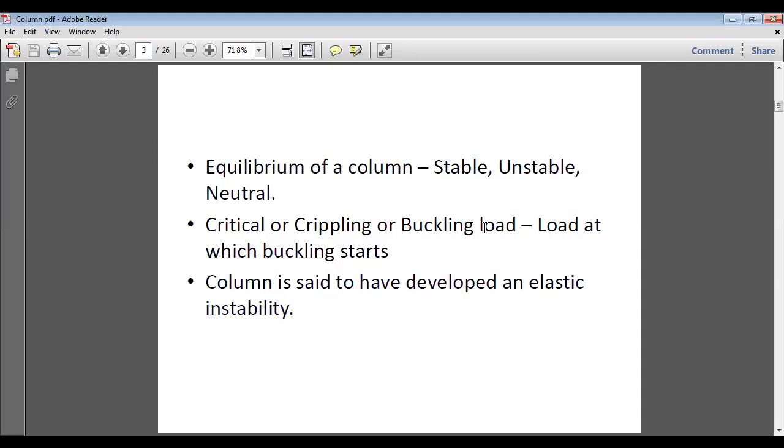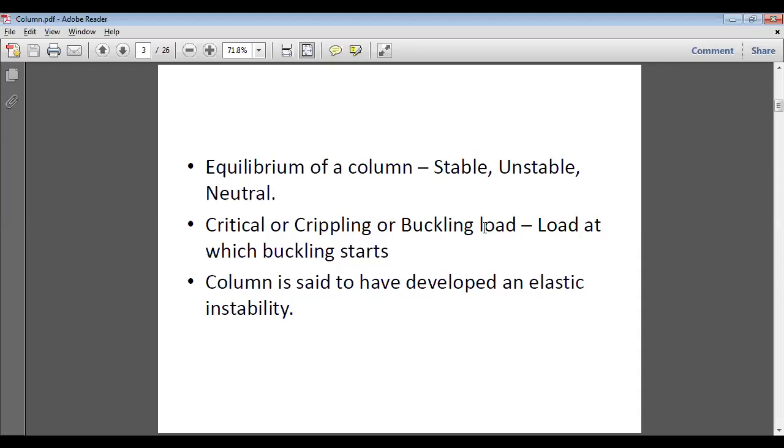So critical or crippling or buckling load is the load where the column starts deteriorating, starts distorting. So this is the critical point from where the failure of the column starts. The column is said to have developed an elastic instability once the maximum load is achieved.